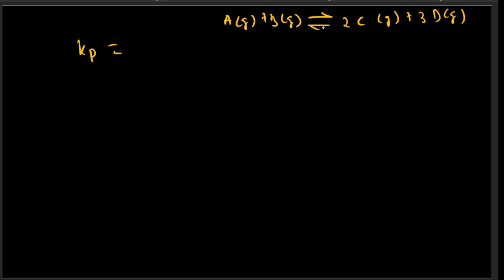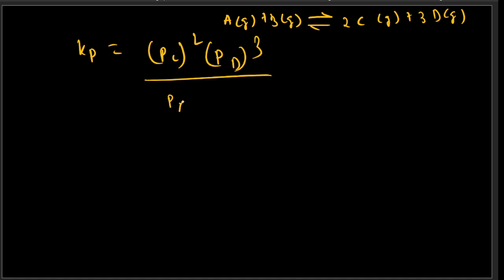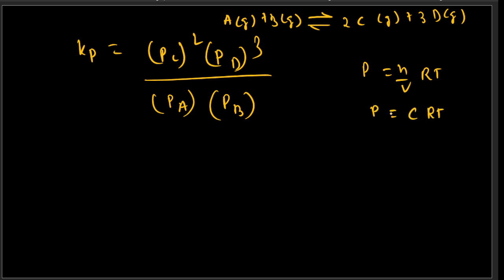So Kp is expressed in partial pressures: partial pressure of C squared, partial pressure of D cubed, over partial pressure of A and partial pressure of B. We say that P equals n by V RT, so P equals CRT.